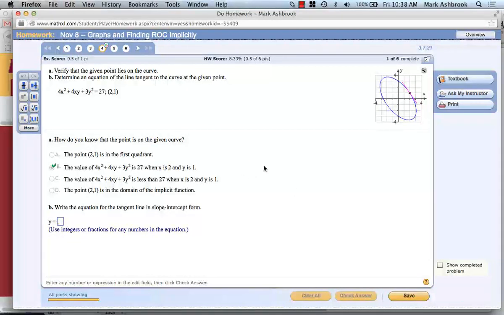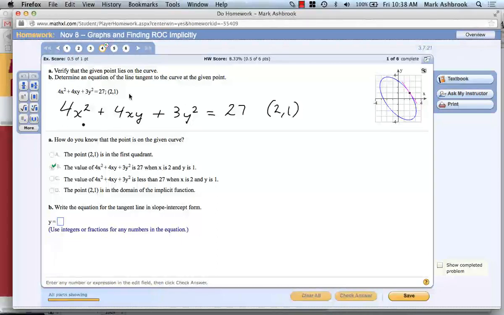So how do you know the point is on the curve? We talked a lot about this. So this thing here, I'll write it out bigger. How do we know that 2, 1 is on the curve? How do we know that it's a point on the curve?